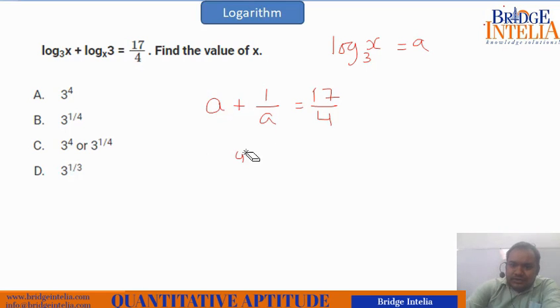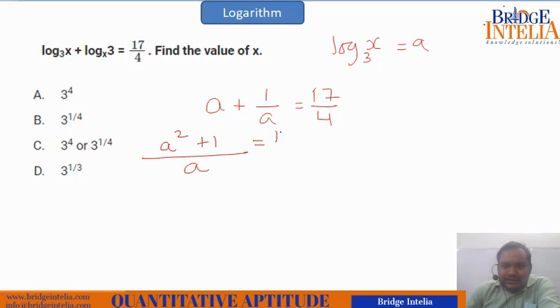Suppose that it didn't occur to you that a is equal to 4, then you could have solved this as well. So how to solve that? Let's see. a square plus 1 is equal to 17 upon 4 a. So from here you can see that 4a square minus 17a plus 4 is equal to 0.